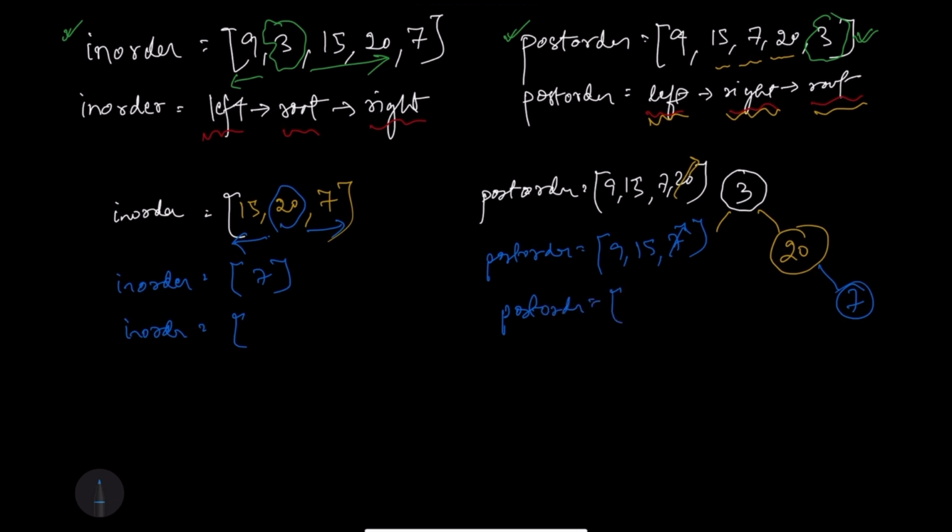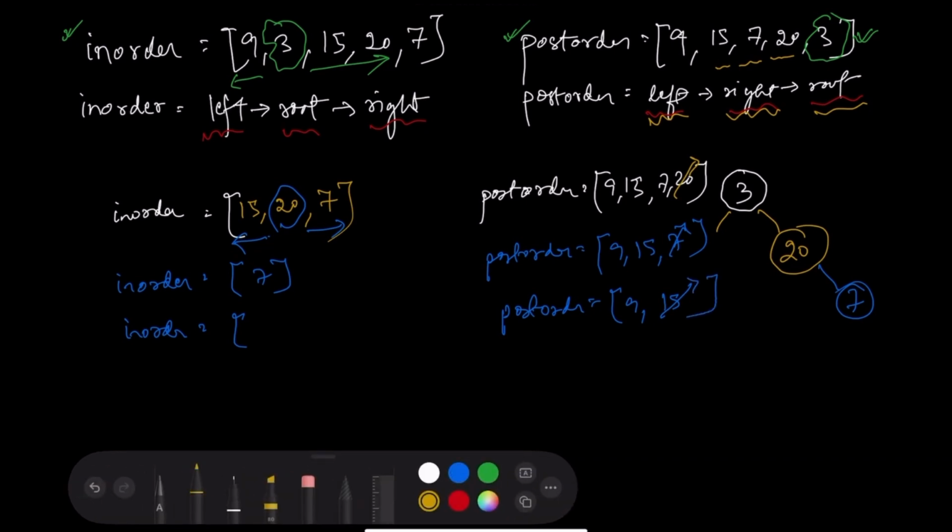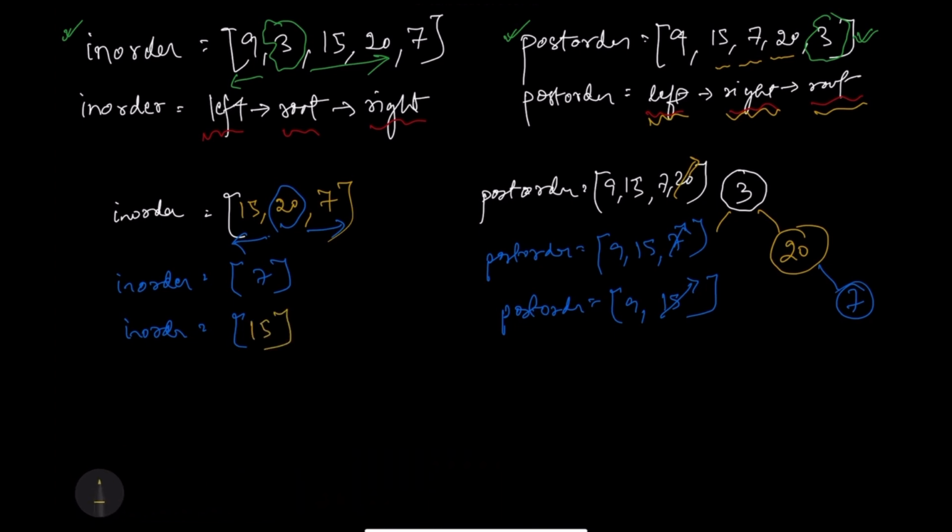So in our next iteration, we will now be popping out 15. So we have now popped out 15. That would be in our left subtree, as we have finished all the elements in the right subtree. Then in the next iteration, we will come to our left subtree and we will just be left with 9.